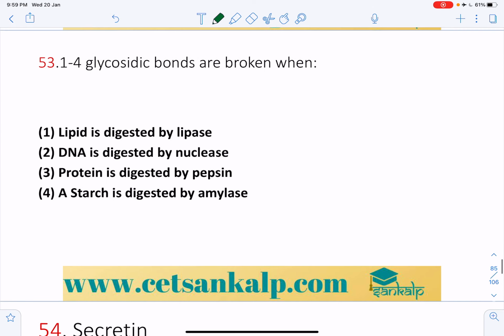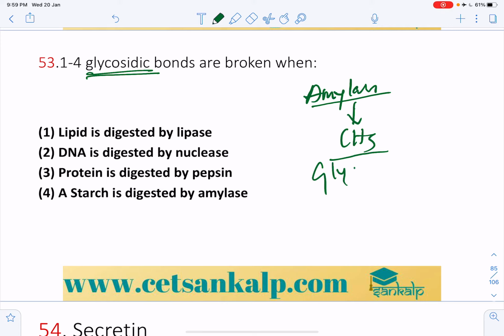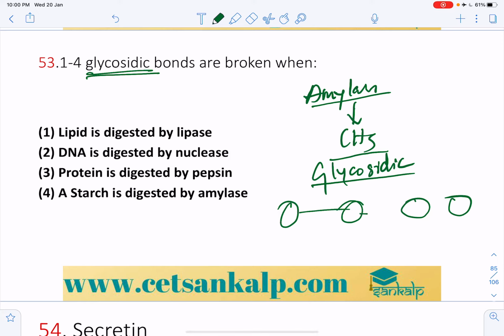Next, the glycosidic bond. Amylase acts on carbohydrates and breaks the bond called the glycosidic bond. The monomers, these glucose units, are attached by a bond called the glycosidic bond.